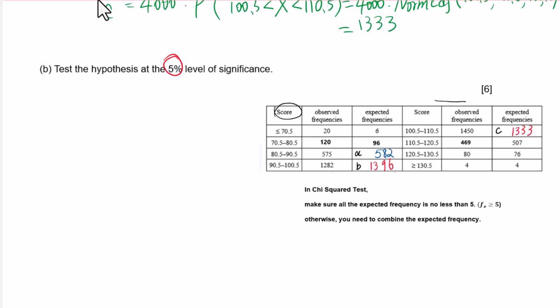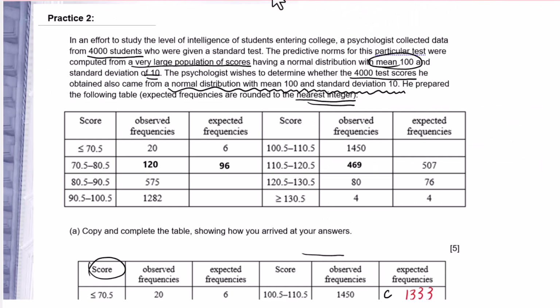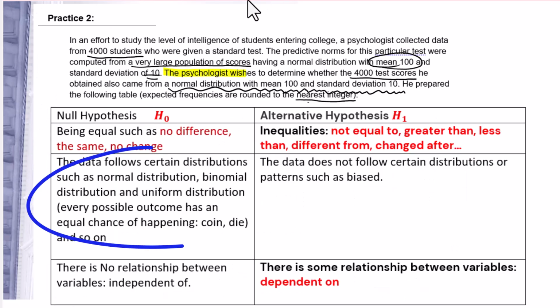B. Test the hypothesis at a 5% level of significance. We will use chi-squared GOF test. First step, state H0 and H1. Let's go back to the problem. The psychologist wishes to determine whether the 4,000 test scores he obtained also came from a normal distribution with a mean 100 and a standard deviation 10.